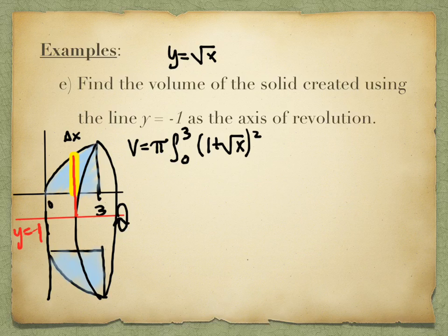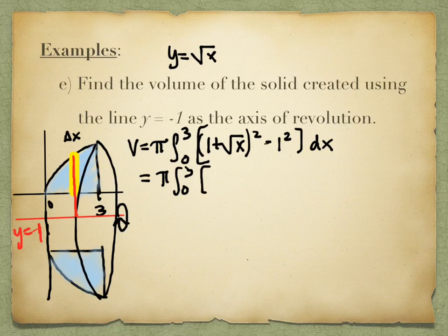What's my inner radius? It's just 1, isn't it? It's that constant small spot right there between that horizontal red line and, in this case, the x-axis. So this is minus 1 squared. And now I'm doing it in terms of x. Okay, so I've got something squared, which means I need to simplify that before I actually take any integrals.